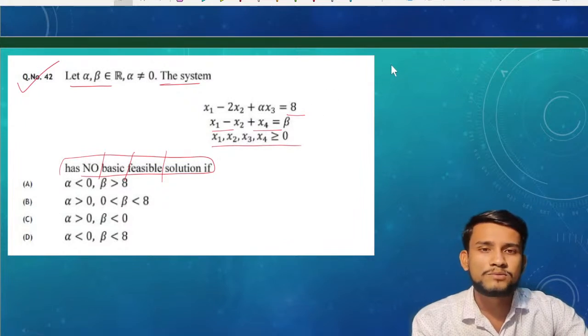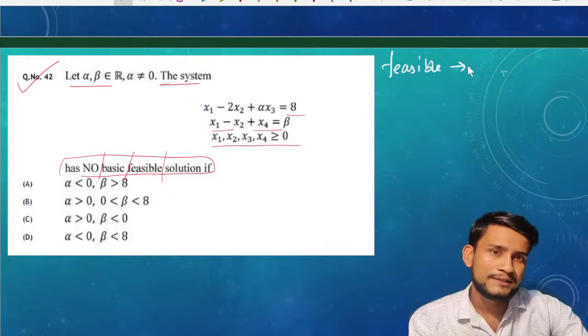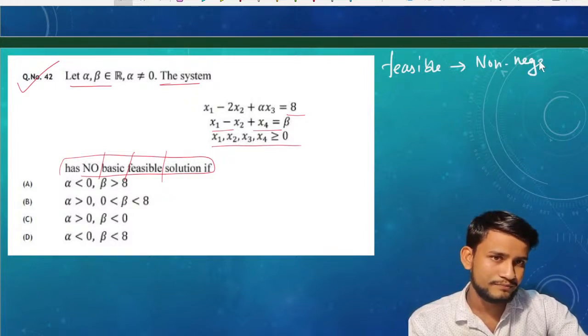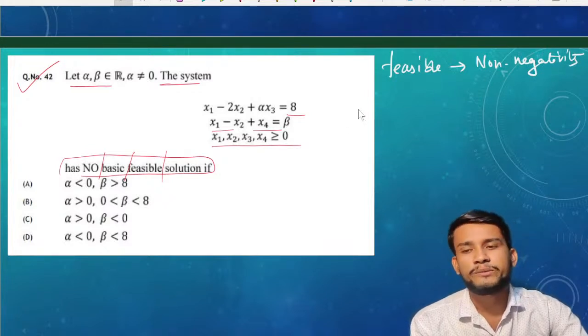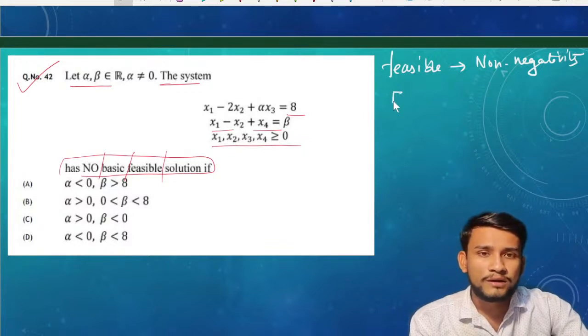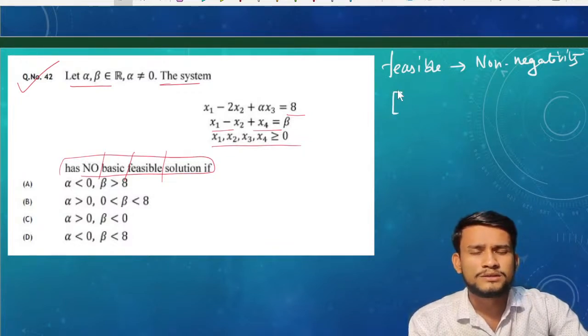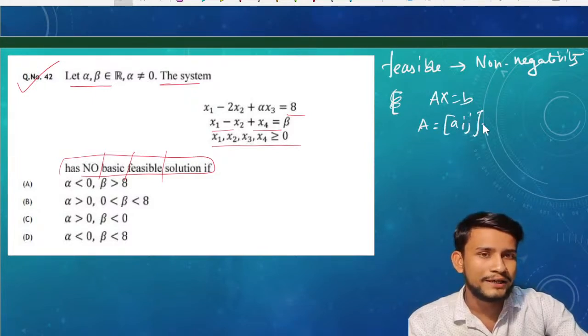So feasible means what? Feasible means it satisfies the non-negativity conditions. Basic means what? Suppose the system is Ax equal to b, and A equal to a_ij is an m by n matrix.